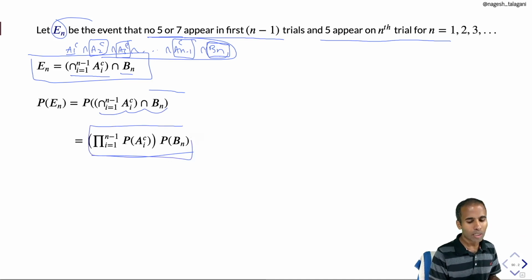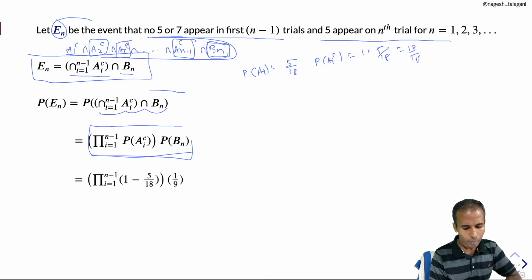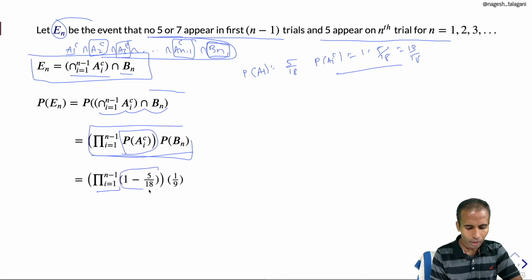Now we know that the probability of Ai is 5 by 18. So the probability of Ai complement is 1 minus 5 by 18, which is 13 by 18. Let's write it. The product for i equal to 1 to n minus 1 of the probability of Ai complement, 1 minus 5 by 18, and the probability of Bn is 1 by 9.